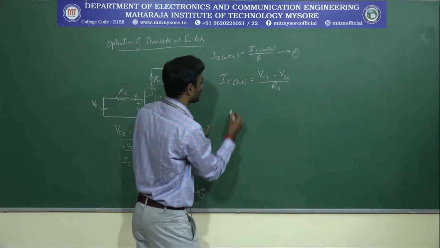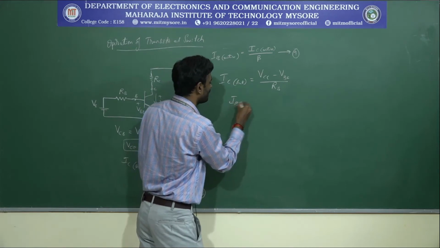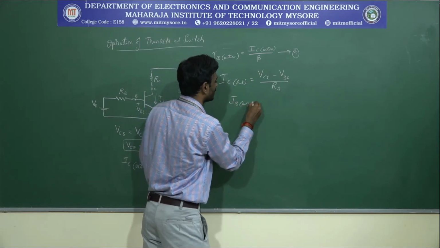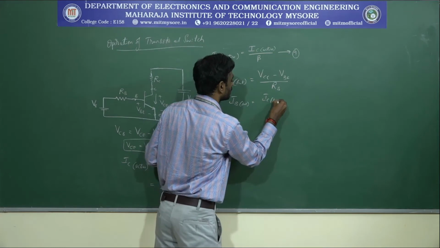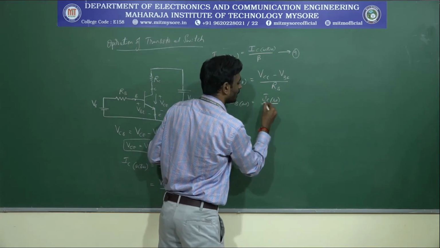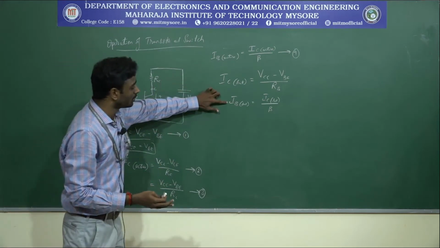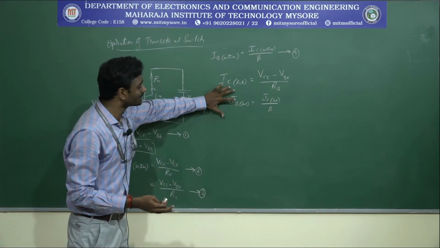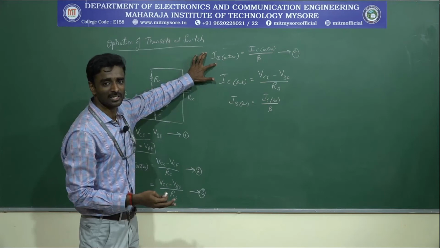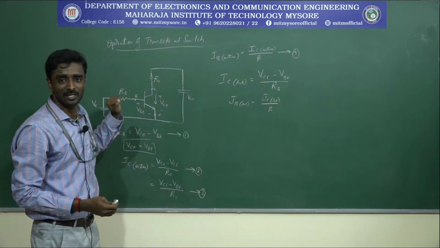This will be the IC saturation. Similarly, IB saturation can be written as IC saturation divided by the beta value. This will be the equation for the saturation region and active region of your transistor working as a switch.